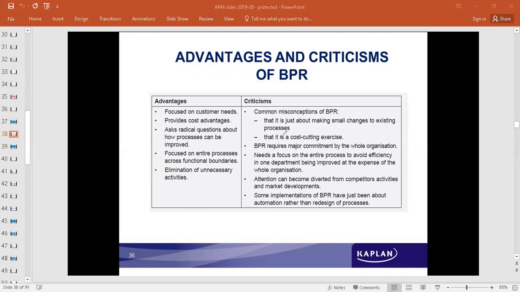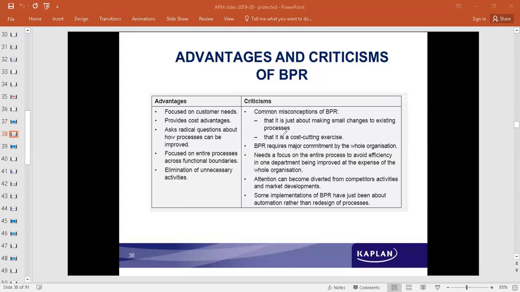BPR requires major commitment by the whole organization. Even if the changes are implemented phase by phase, everybody's attention is required. Everybody's focus is on that phase when the changes are brought about. So it requires the focus of the entire organization. It requires major commitment by the entire organization.